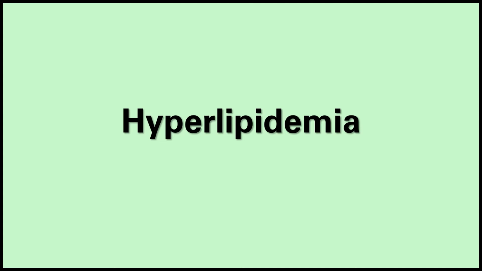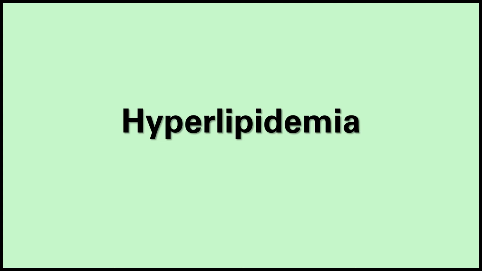There are 4 rules that guide the initiation of statin therapy. Number 1, begin statin therapy in any patient with clinical atherosclerotic cardiovascular disease. Number 2, begin statin therapy in any patient with LDL cholesterol levels of 190 or greater.